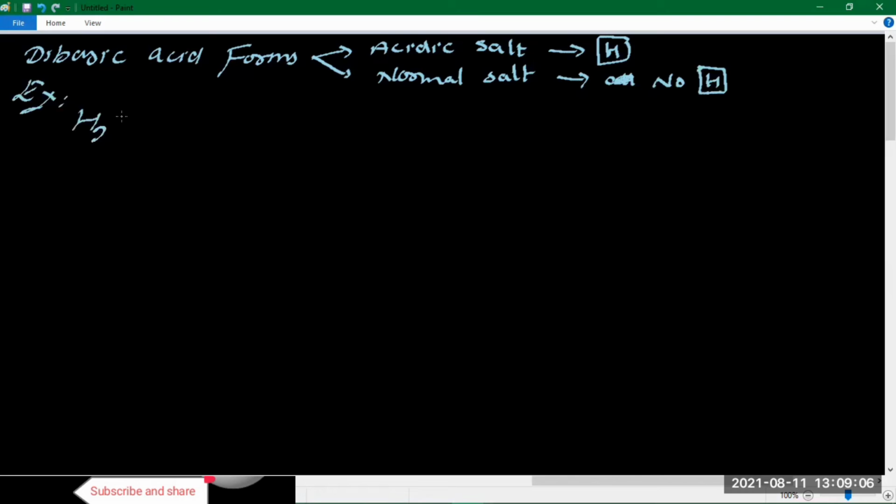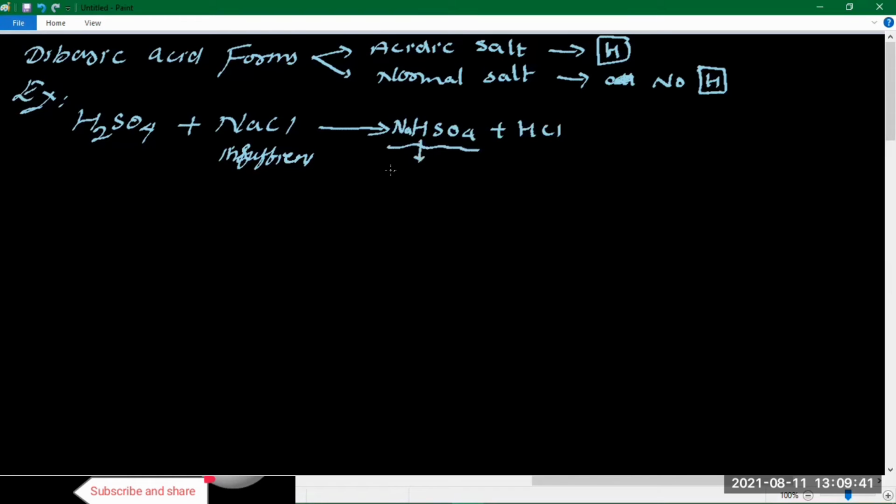When H2SO4 is treated with insufficient NaCl, the sodium displaces only one hydrogen and it produces NaHSO4 plus HCl. You can see here, due to the presence of the hydrogen, the salt shows acidic property, so we call this an acid salt or acidic salt.